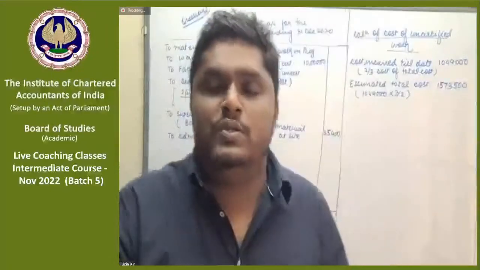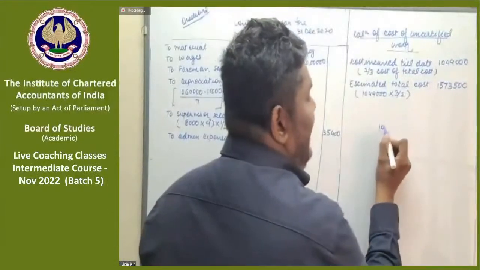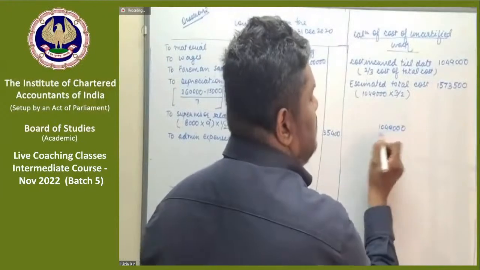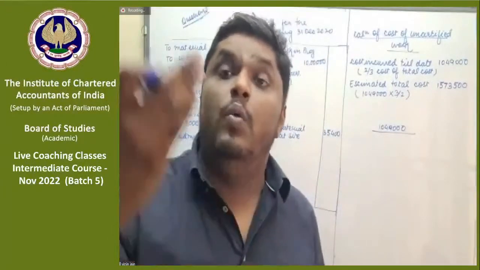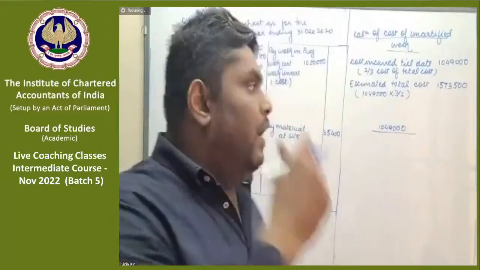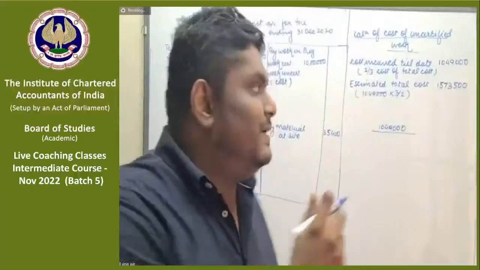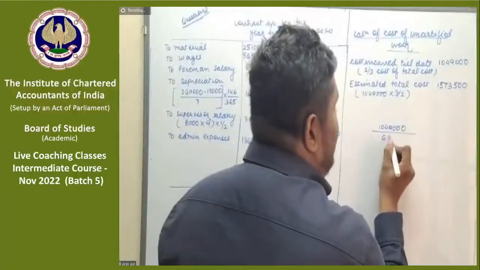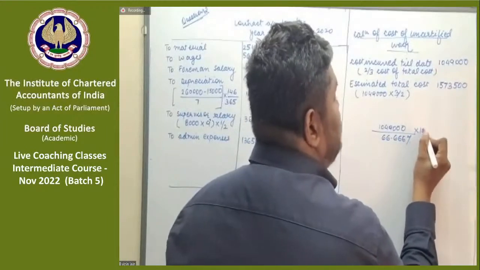Many times students have a doubt: sir, why did you multiply by 3/2? Very simple. 10,49,000 is 2/3. So how much will be equal to 1? Or alternatively, 2/3 is 66.666%. So 10,49,000 is equal to 66.666%. So how much will be 100%?